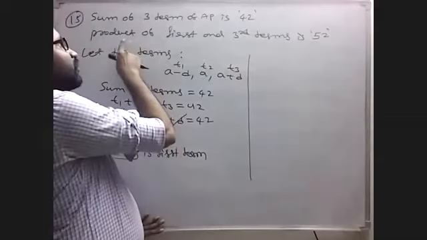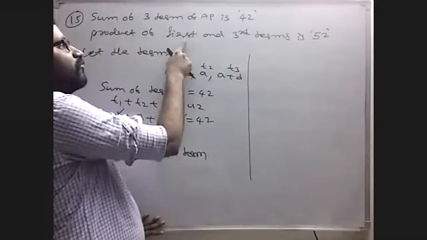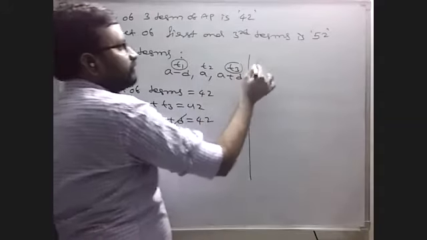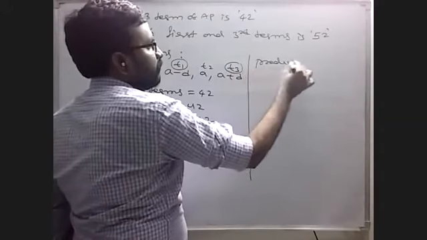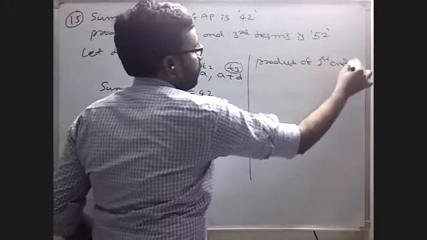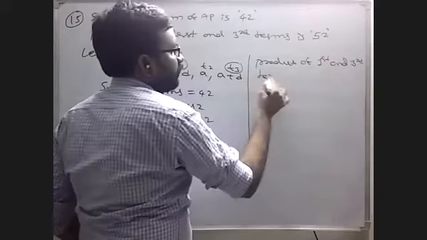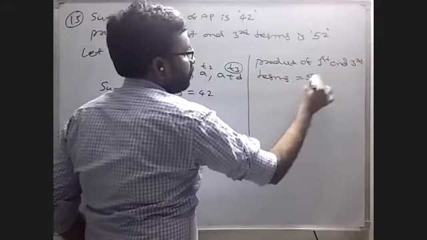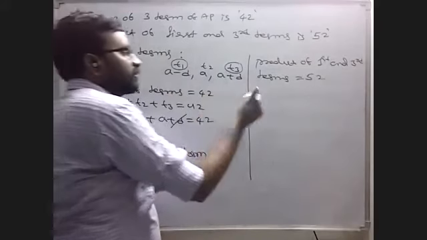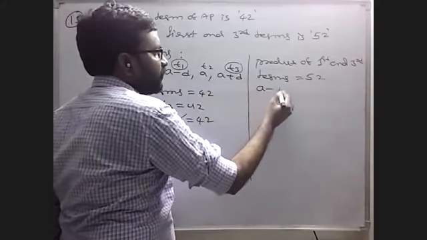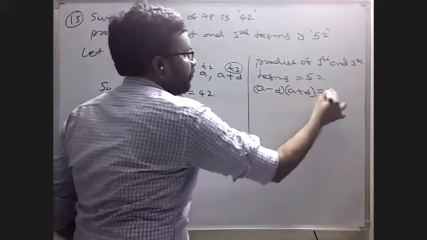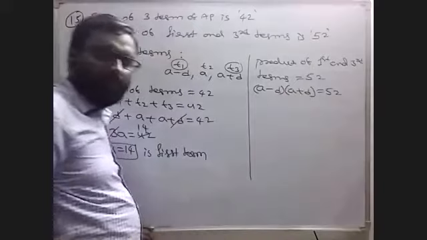For that, one more hint is given: the product of the first and third terms is equal to 52. Product means multiplication. First term A minus D into third term A plus D is 52.